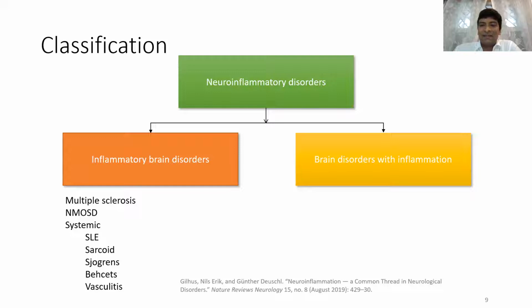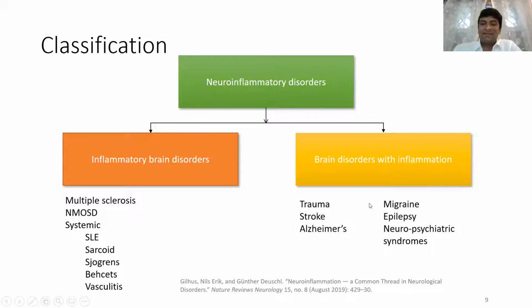These are the brain disorders with inflammation. This includes brain trauma, stroke, even Alzheimer's, migraine, the pathophysiology of which involves things like substance P, which are inflammatory mediators, epilepsies, neuropsychiatric syndromes, and so on.